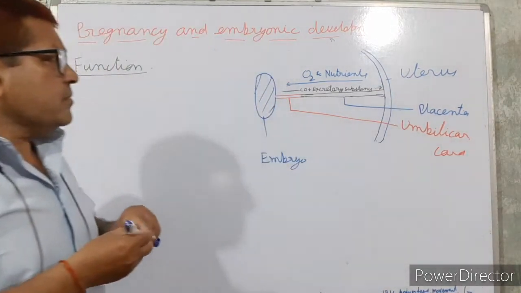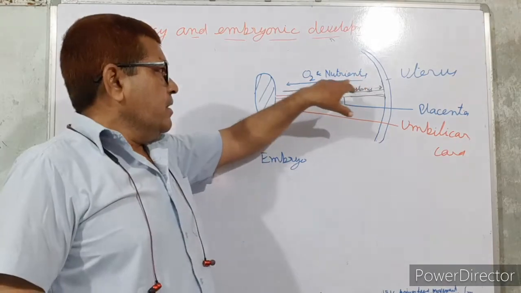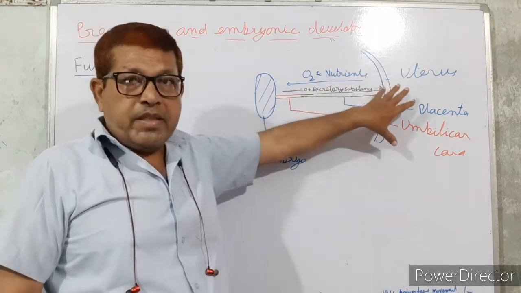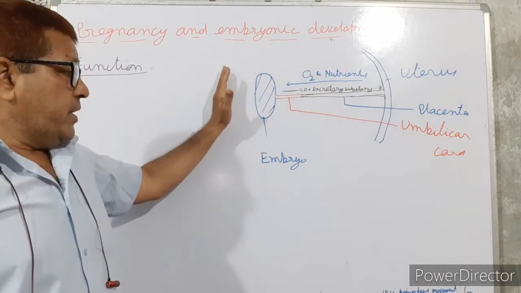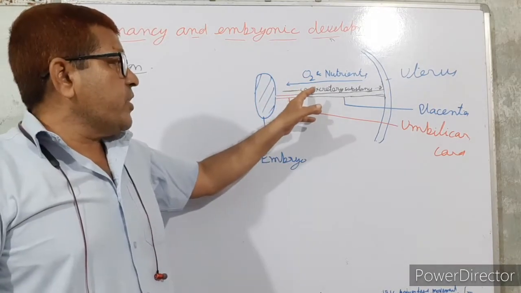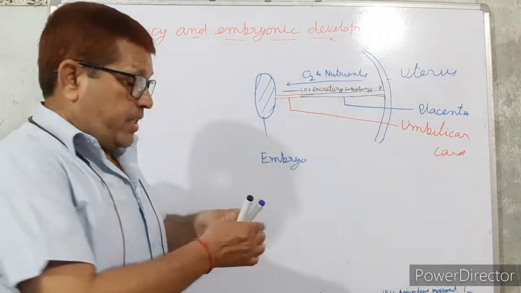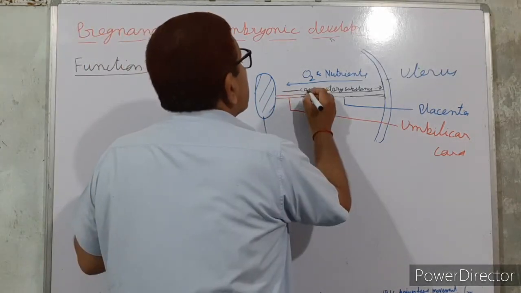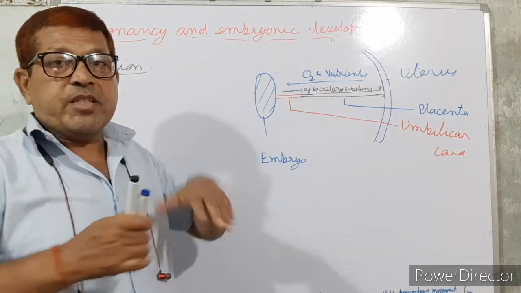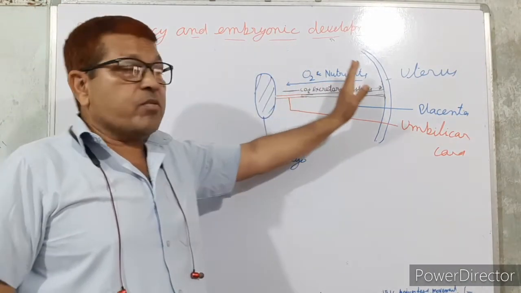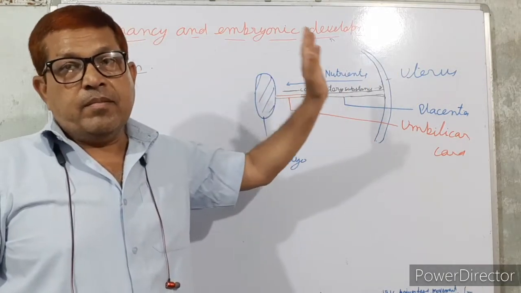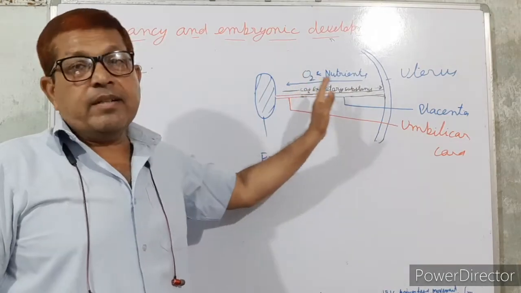So transportation of oxygen and nutrients takes place from mother to the embryo via placenta, and in the same way transportation of carbon dioxide and excreted product which is produced by the embryo is transported back into the mother via the placenta.